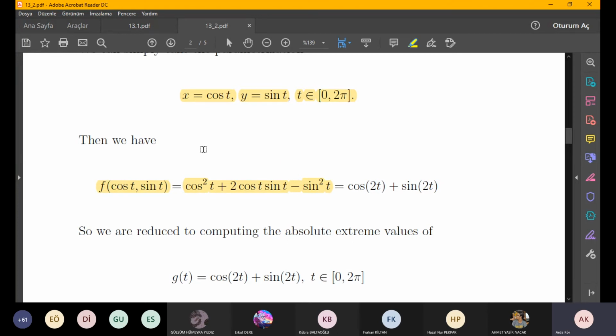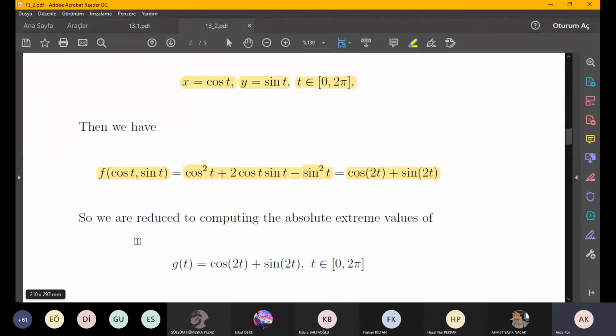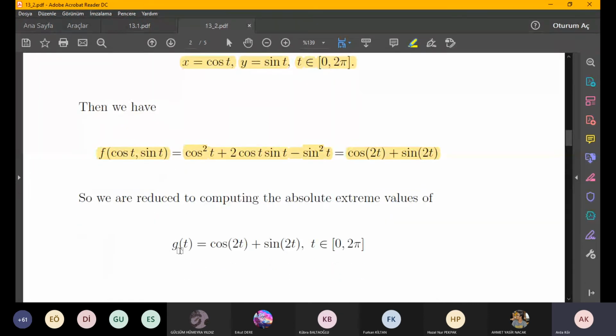In terms of the parameter t, it will be cosine 2t plus sine 2t. So now we are reduced to computing the absolute extreme values of a one variable function, which we will call g of t.